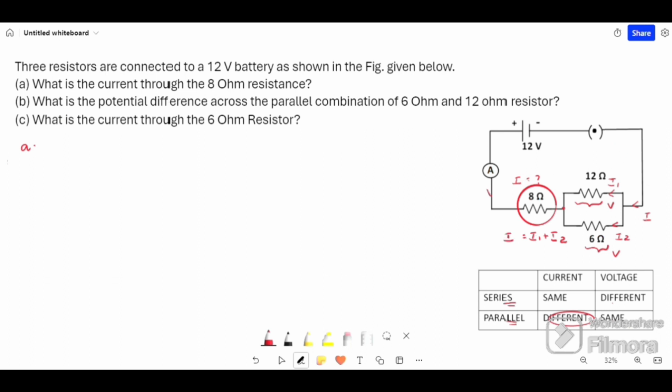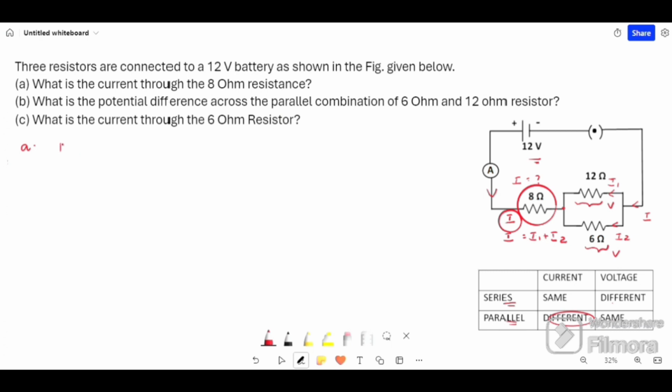Now let us consider if current flows in this direction. Then the total current I will directly flow in 8 ohm resistor. At this point it will split, again it will combine here. Similarly, entire current will flow in the complete circuit. So in both the directions, entire current I will flow in 8 ohm resistor. So we should find the entire current.